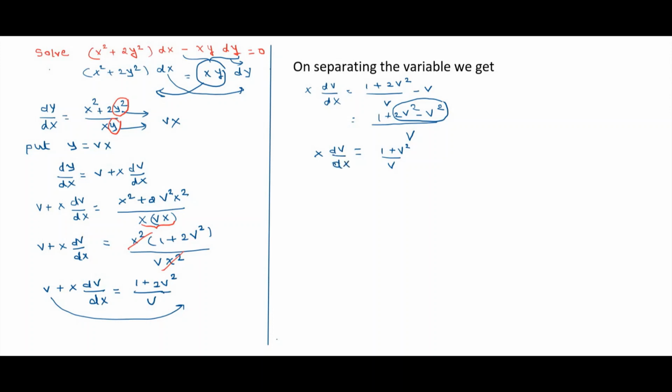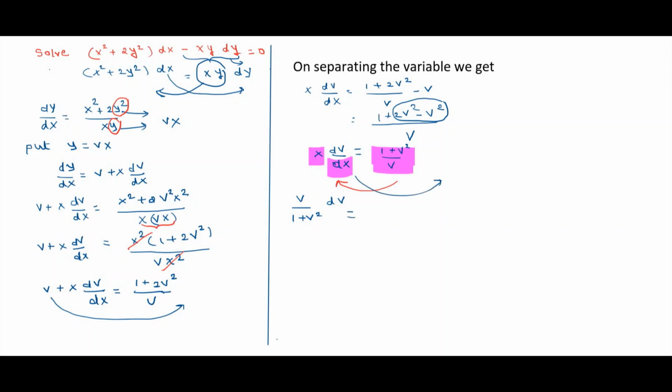Now collect the terms containing x and dx on one side, v and dv on the other side, meaning transpose this term to the left hand side. If you transpose this term to the left hand side, we get v divided by 1 plus v square into dv, and then transpose this x divided by dx to the right hand side.